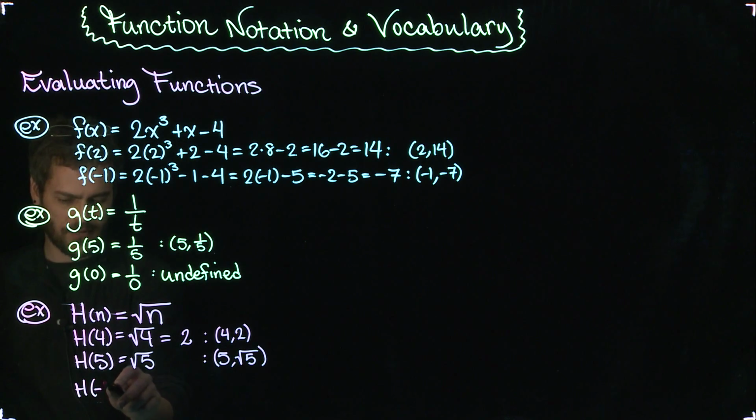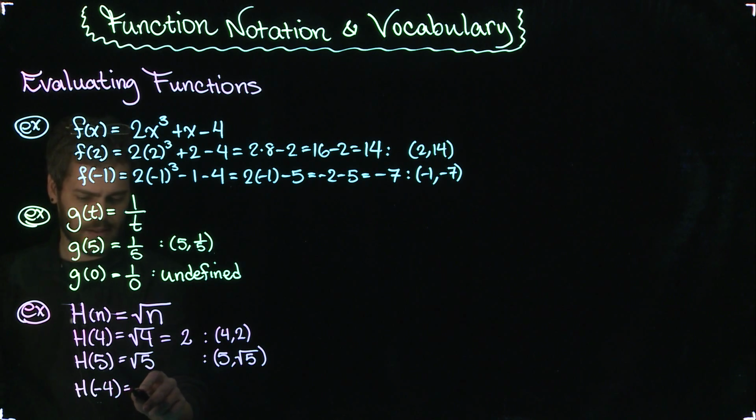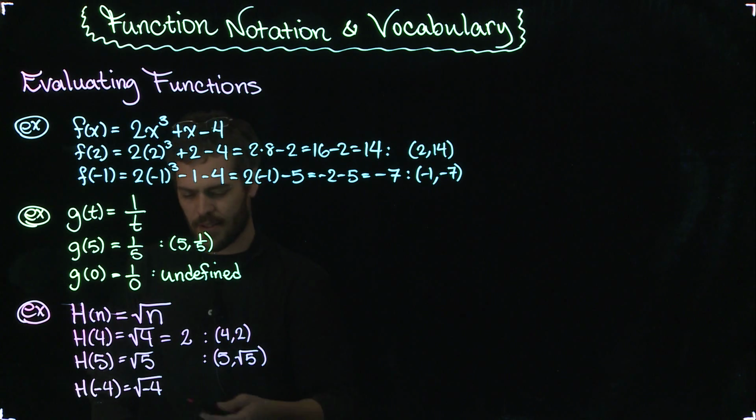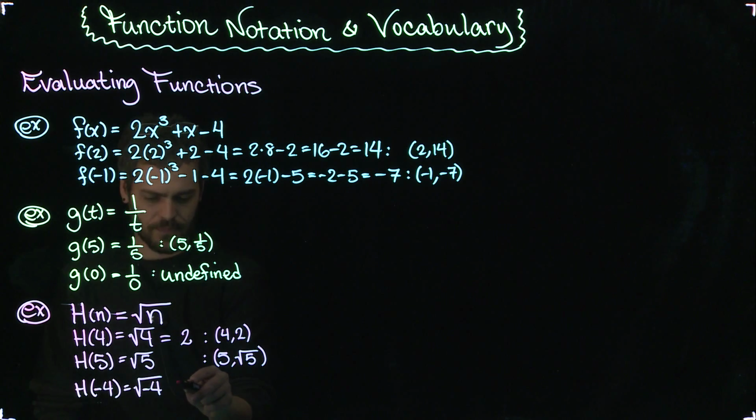Well, consider a negative number. How about negative 4? This gives me the square root of negative 4. Now, this is kind of interesting because whether or not negative 4 is allowed depends on the type of numbers we're allowed to get out. So if we're only allowed reals, then we're going to say this is not allowed. Not a real number.